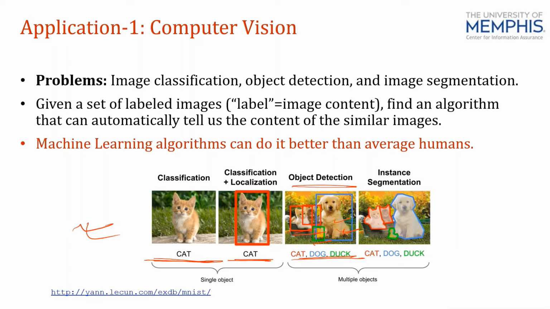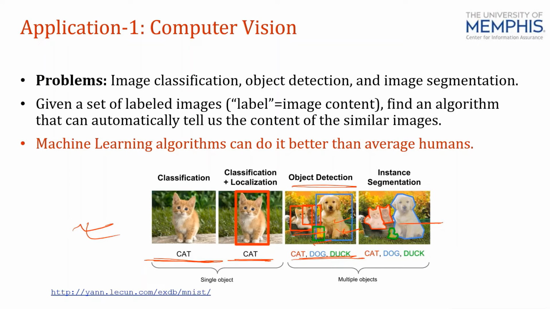Now we can go even one step deeper. That means we can try to classify each of the pixels. For example, in this picture we can see all the pixels inside this blue boundary are the pixels of the dog.